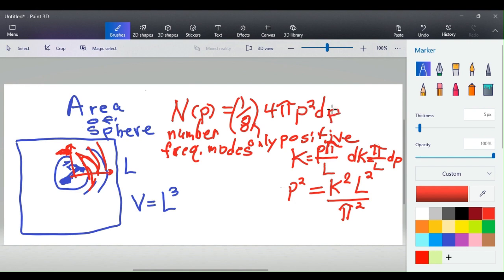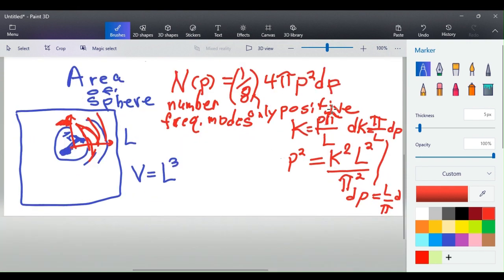So if we look at this differential of p, let's come down here. Differential of p is equal to, let's see, what's going to happen there? That's going to be L over pi dk.